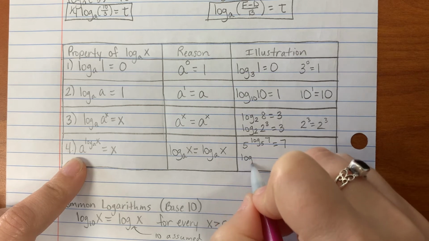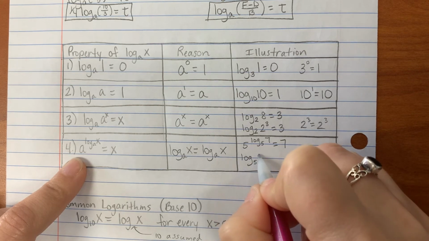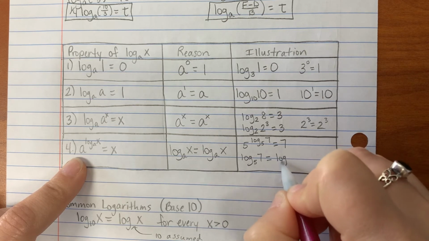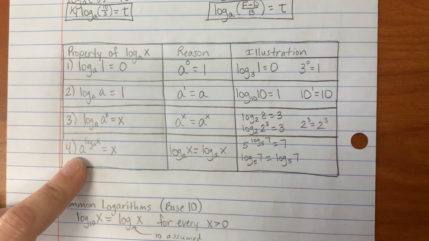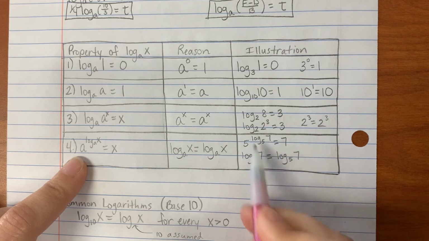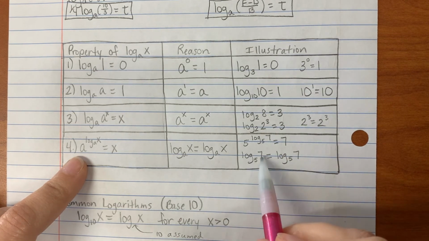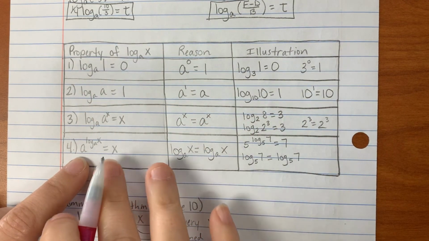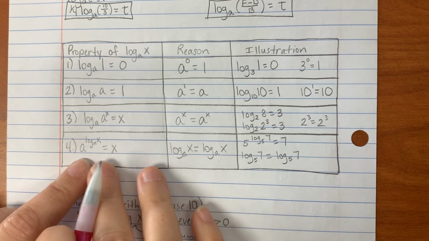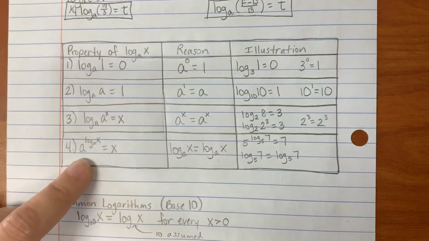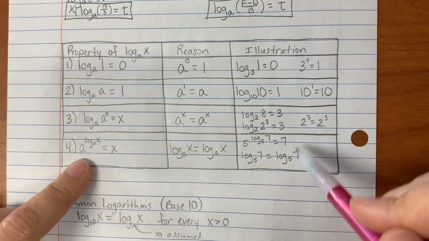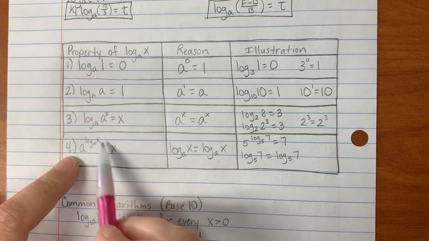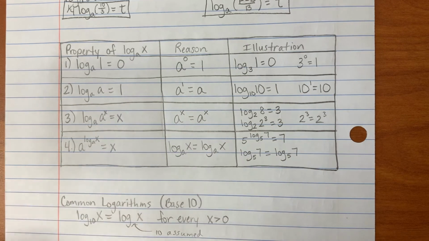That means I've got log base 5 of 7, which equals log base 5 of 7. It equals the exponent. Okay, so these properties are kind of made up because of all of these other rules that we talked about. They follow the rules that we've already talked about. So this is true for every value of a and every value of x. Same thing for all of those. They work for every a.